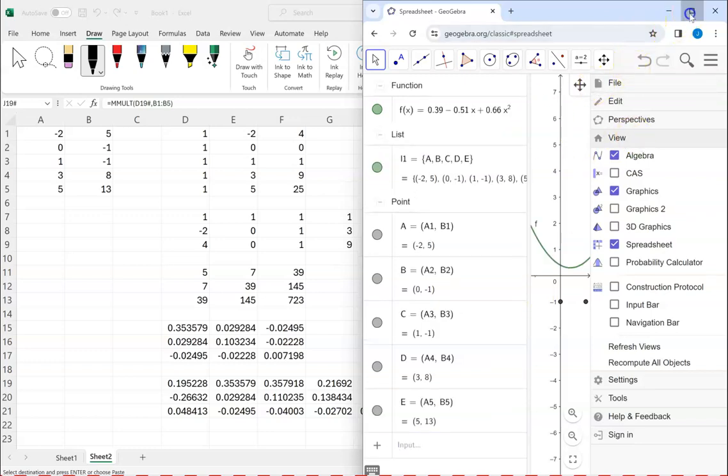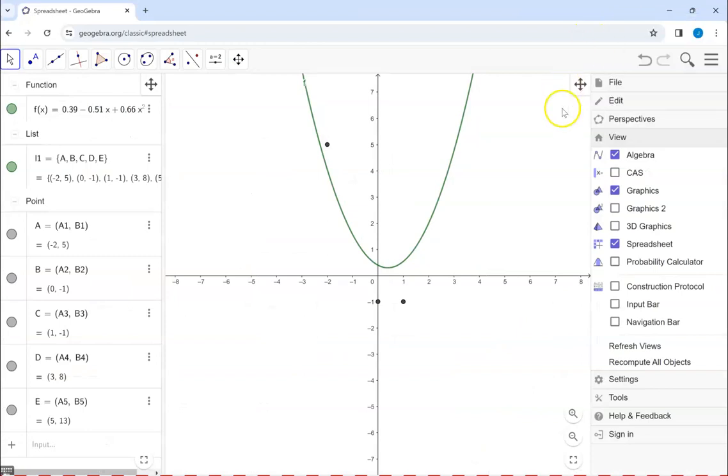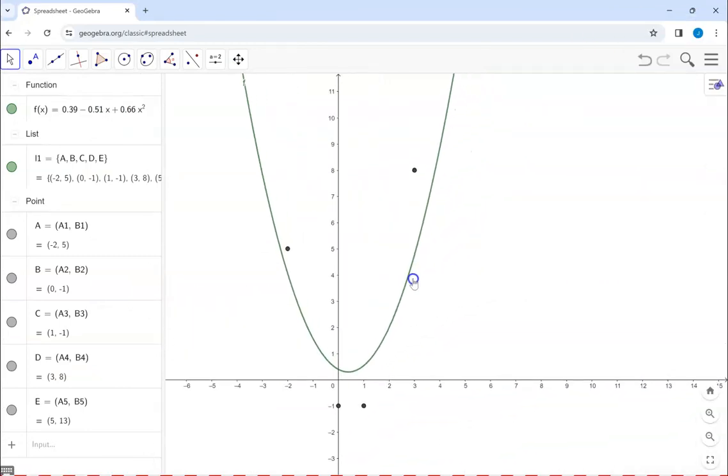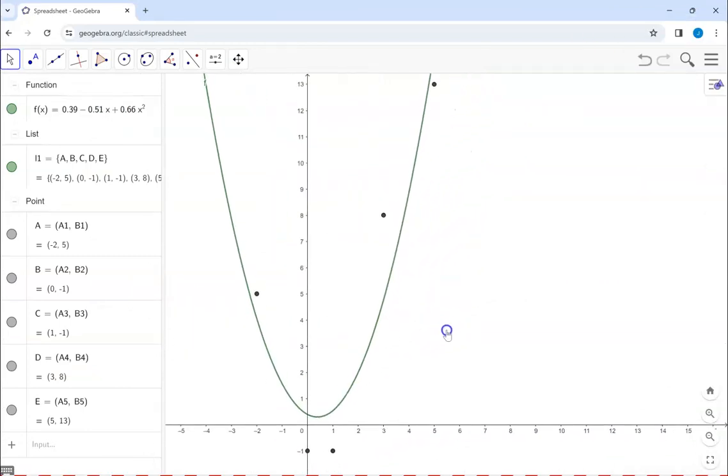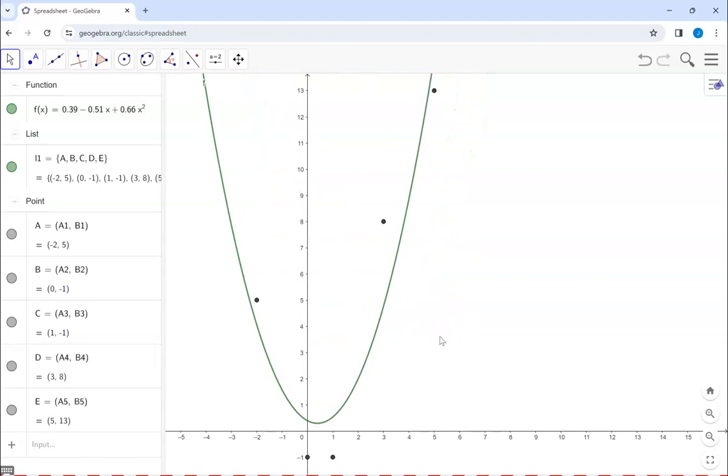And if I look at my graph, there would be your least squares quadratic, trying to go through those points as close as possible. So again, the process is the same every single time. The thing that you have to get set up is the system of the matrix that you need to do.